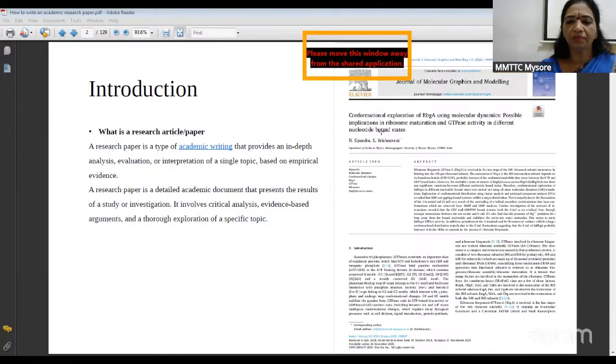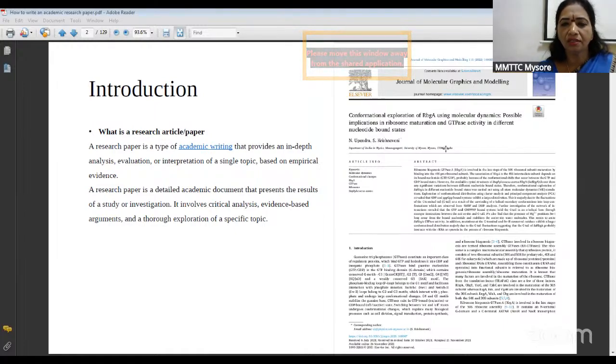This has been written by me and my student. This is how the first page of a research paper looks. Elsevier is the publisher name, this is the journal name, this is the title of the paper, and these are the authors. Here you can see the address, this is the abstract, the introduction, and that is how it goes.